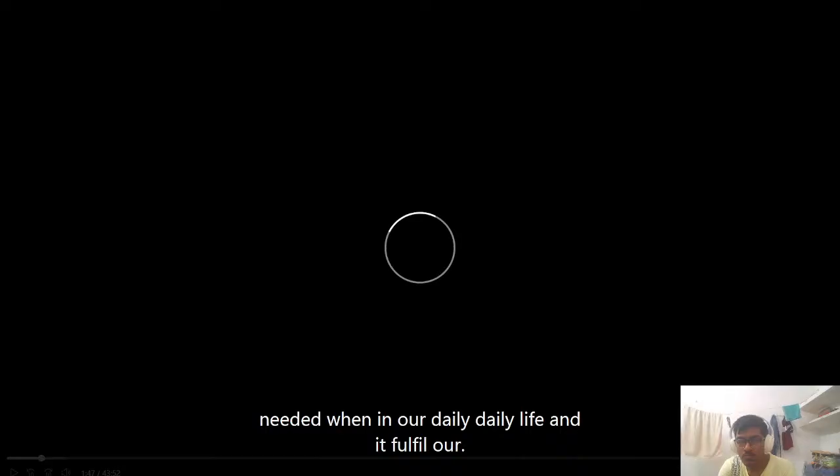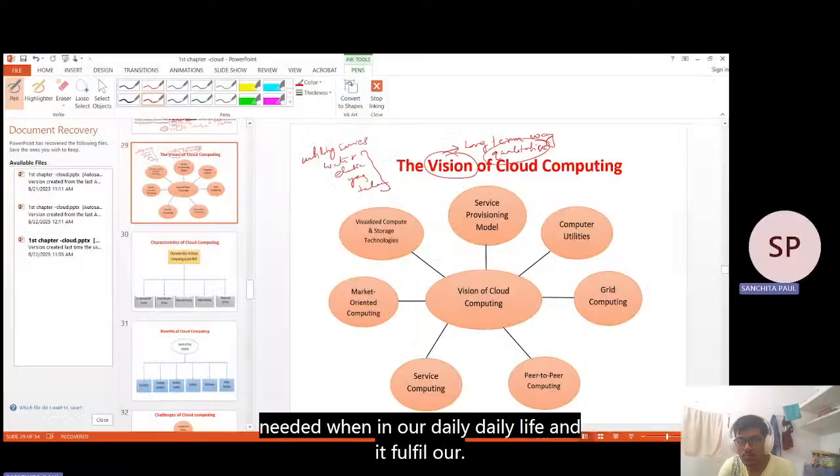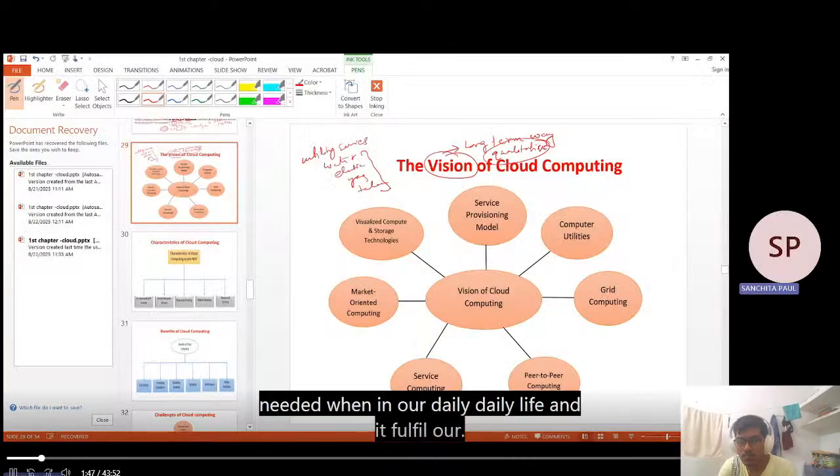So the vision of cloud computing is just like the vision of different utility services like water, electricity, gas, telephone, etc. These utility services are needed in our daily life and they fulfill all kinds of our necessities.